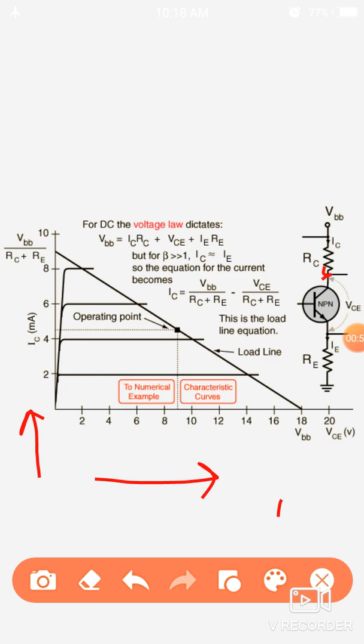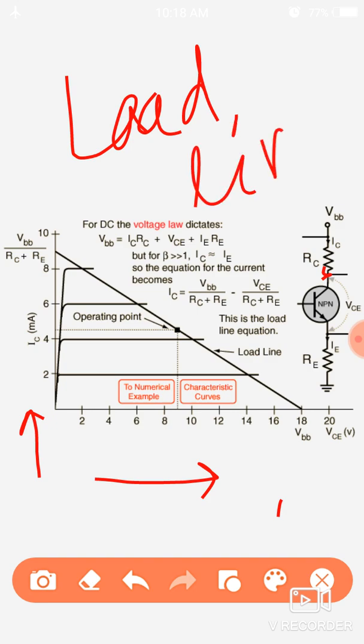Now, what is the meaning of the load line? The load line of a transistor is a straight line which shows the operating values of current and voltage for a transistor in optimum condition.